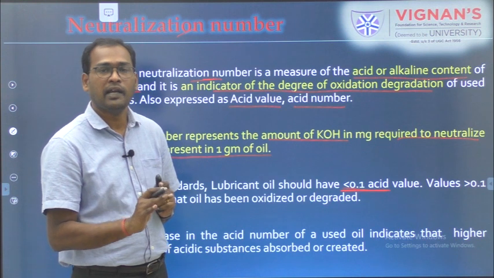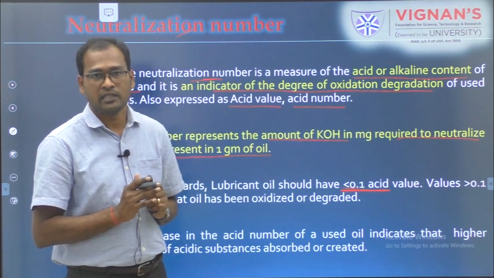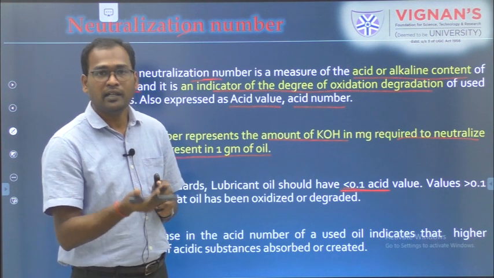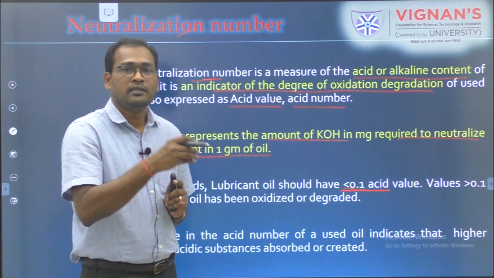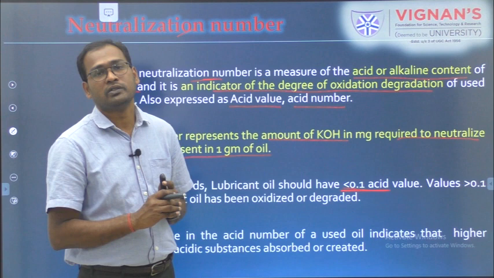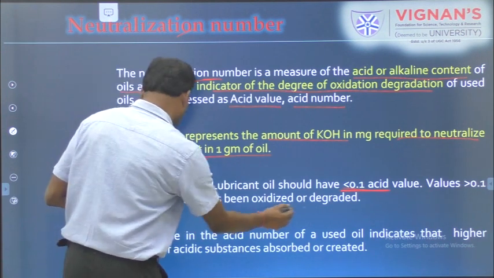So as per standards, the lubricant oil should have less than 0.1 acid value or neutralization number. If the number is exceeding, that shows that there is presence of acid in the system, and that acid might be because of degradation due to oxygen. Okay, so this is what is given here.